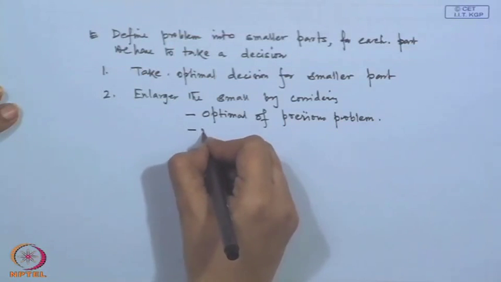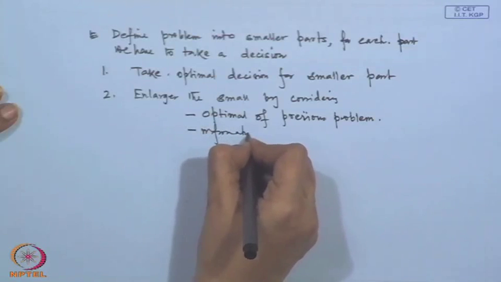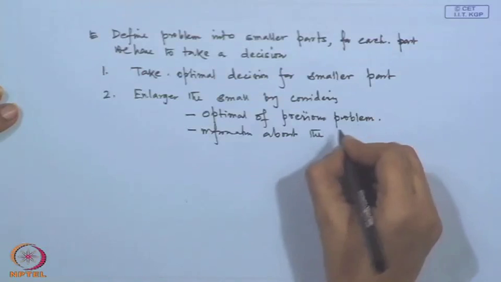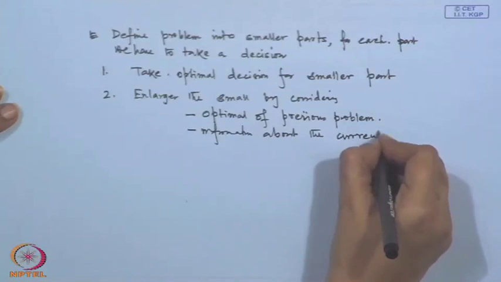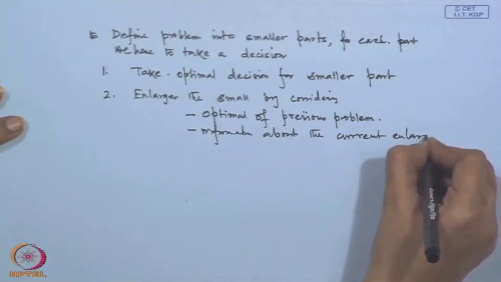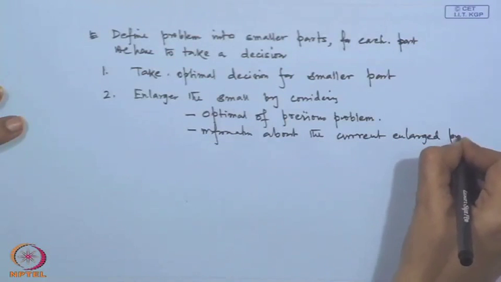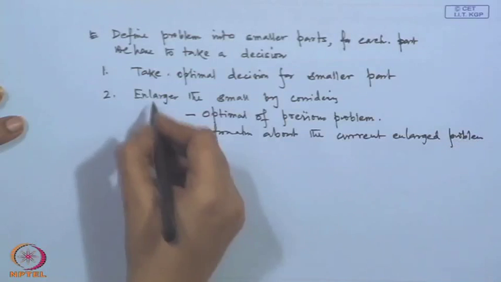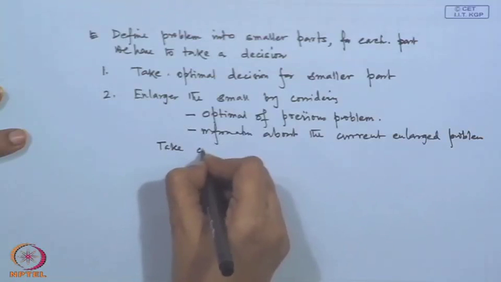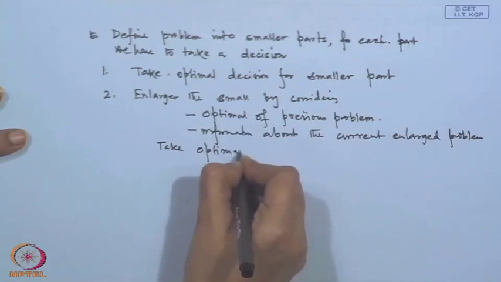We have to consider the information about the current, enlarged problem, then take a decision for this enlarged problem, and repeat the process.